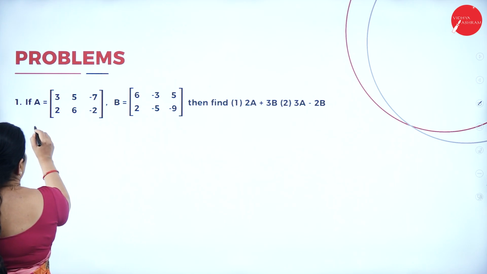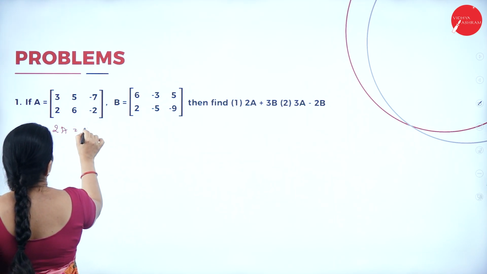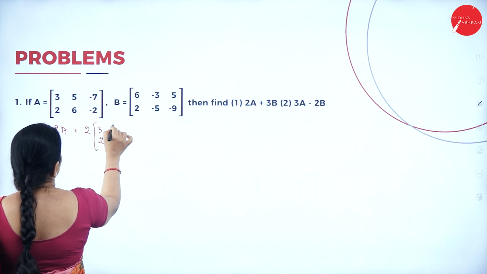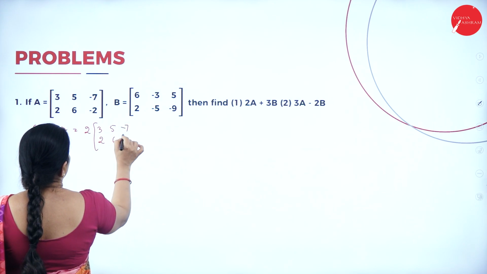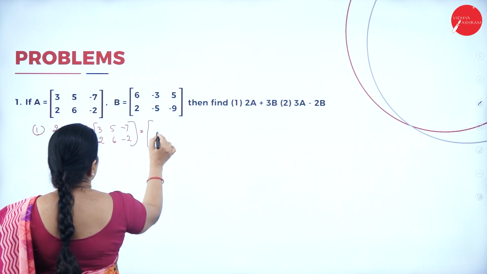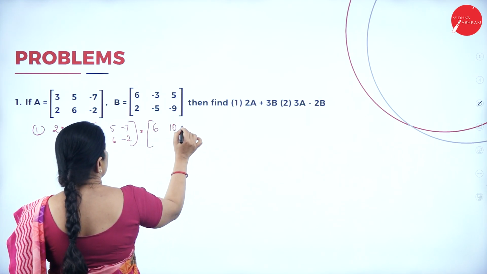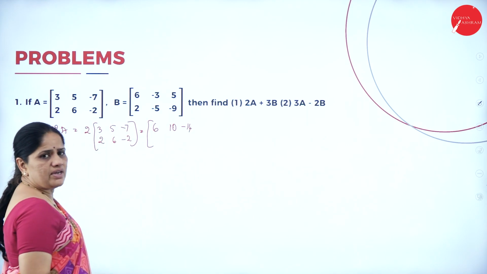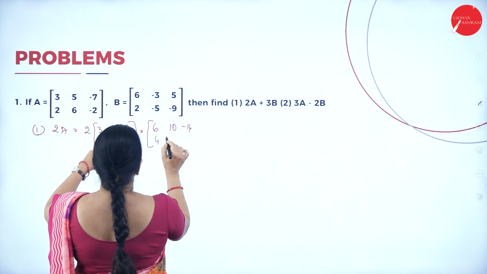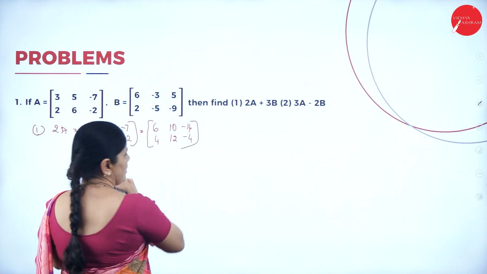So, first let us find 2A equals 2 into 3, 5, minus 7, 2, 6, minus 2. So, this will be equal to 2 3s are 6, 2 5s are 10, minus 2 into 7 is minus 14. Then 2 2s are 4, 2 6s are 12, 2 2s are minus 4.